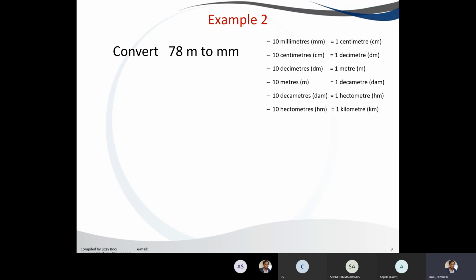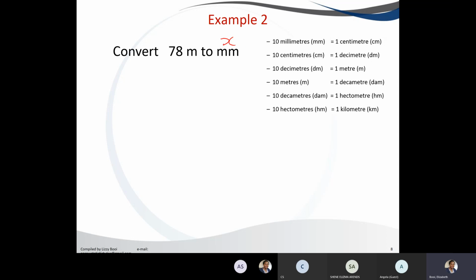Converting from meters to millimeters means we're converting from a bigger unit to a smaller unit, so we need to multiply, because we're going from a bigger unit to a smaller unit. We can also apply the same method.